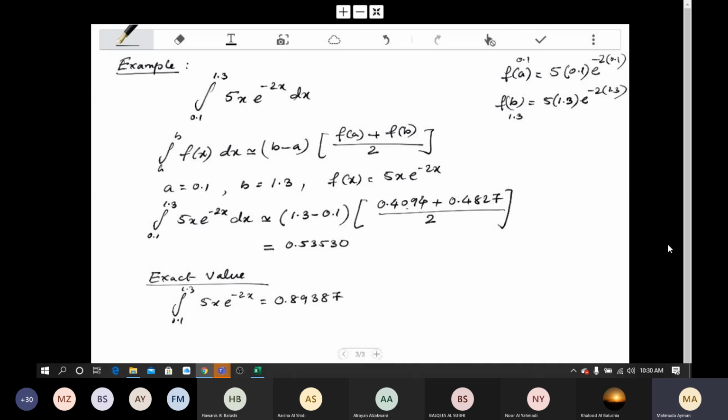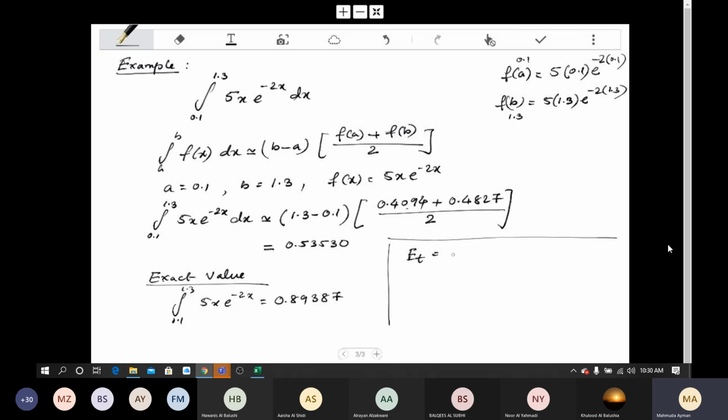So there's quite a big difference, as you can see, between what we calculated and the exact value of the integral. So let's calculate the true error.